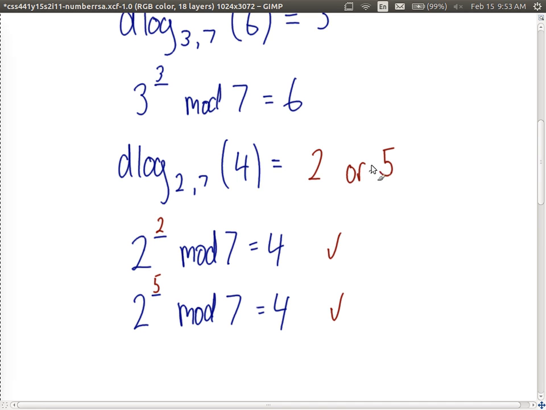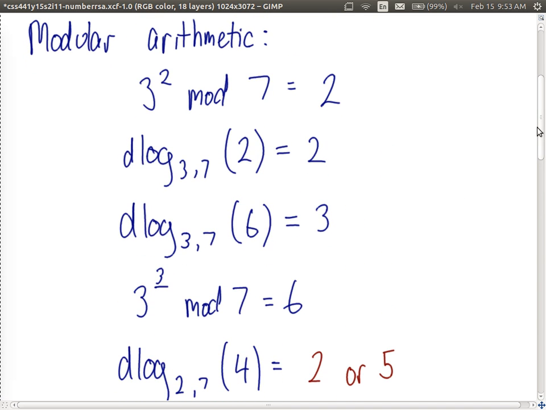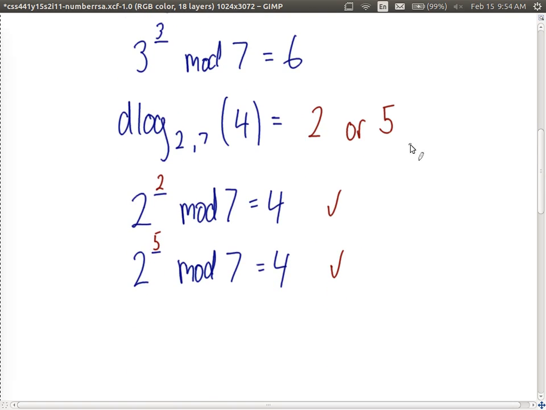So the point is, only some values have unique answers. Not all values have unique answers. This had a unique answer of 2, this one had a unique answer of 3, but here we don't have a unique answer. The last thing, when do we have a unique answer?